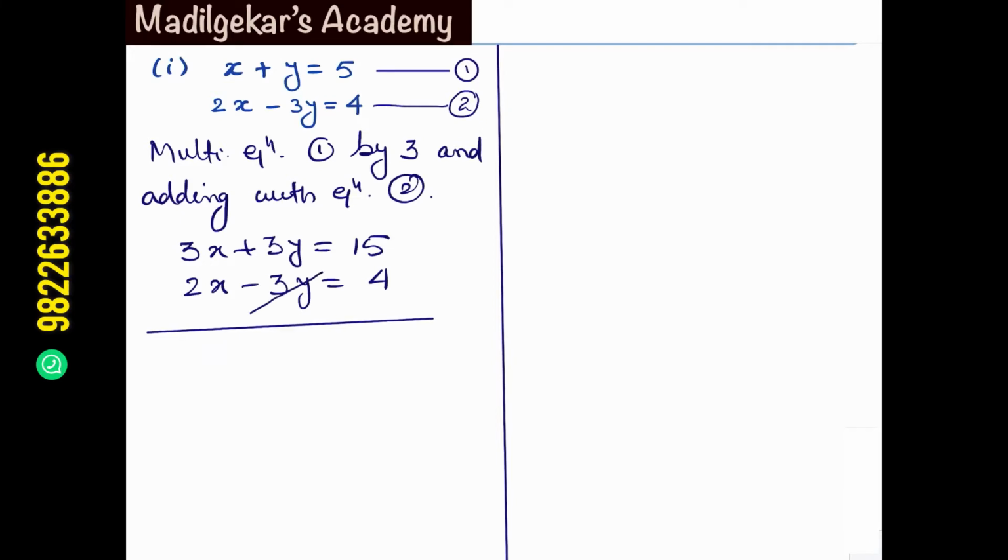Adding, 3y gets cancelled. So 3x plus 2x is 5x. 15 plus 4 is 19. So what is the value of x? Right, it is 19 by 5.